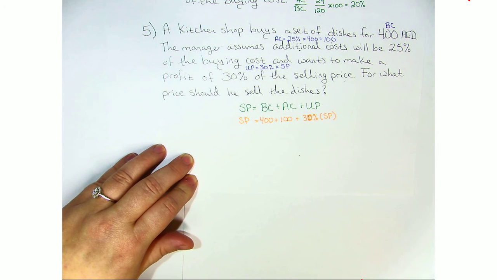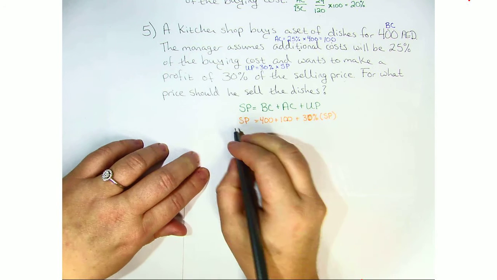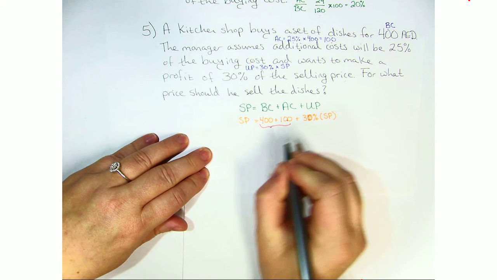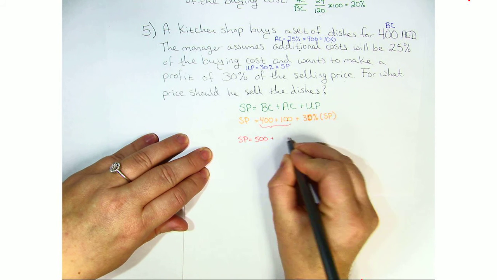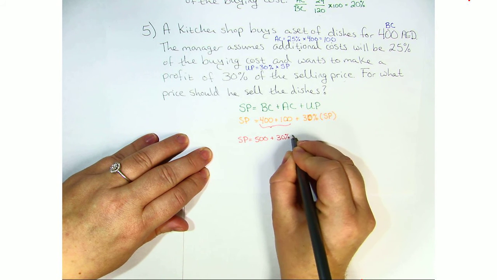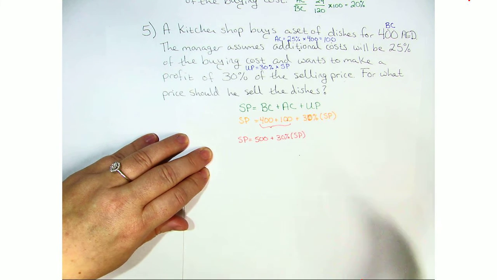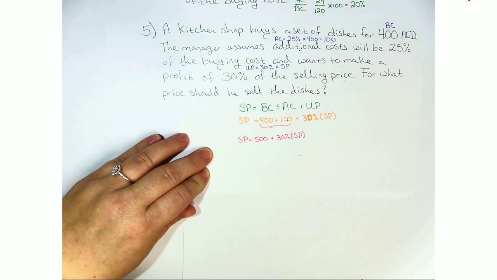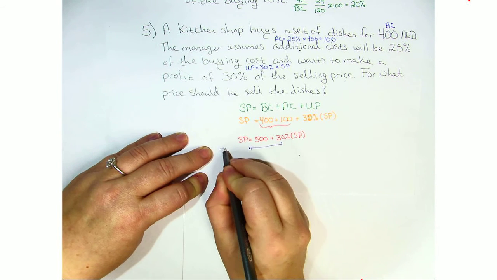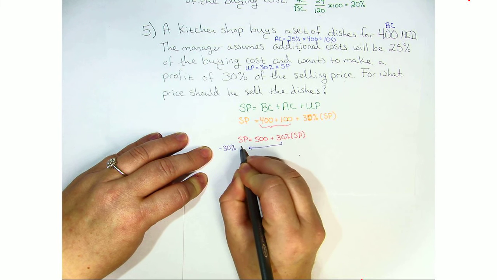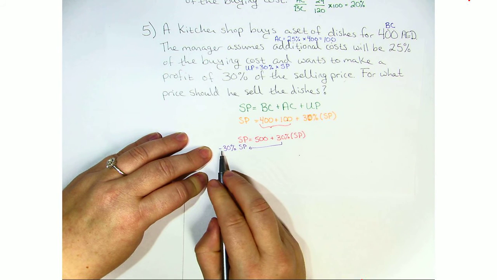Now we're going to simplify this equation just a bit to make it a little easier to see. Combine these two, and we get that the selling price is 500 plus 30% times my selling price. I need to move the selling price over. So I need to subtract 30% SP, but we have nothing on top.